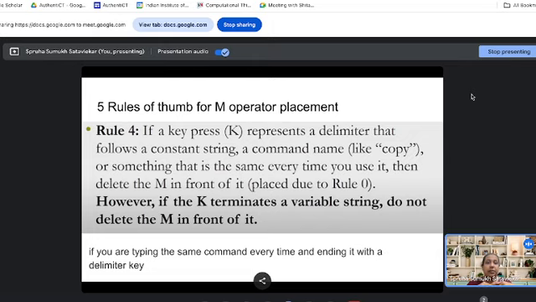We covered the 3 different types of operators within KLM: physical motor, mental, and system response. We then saw that the KLM model can give us the total task execution time, and there are some rules for when to apply M operator placement. So that's it about the KLM model till now.